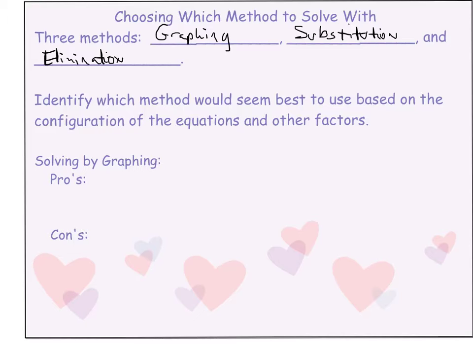Okay, so when we talk about graphing, several pros. First of all, it's easy. It gives you a good idea of where the point is. You can see the point of intersection.